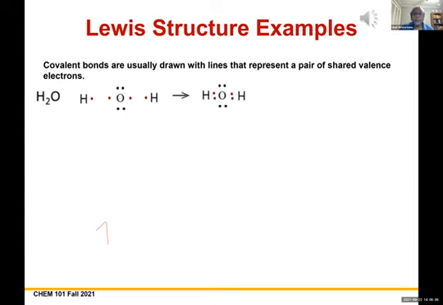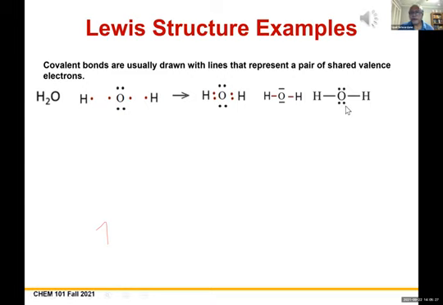Oxygen is connected to 2 hydrogens with 2 OH covalent bonds. So the Lewis structure finally is written in this form or this form. There are 2 ways you can write it.